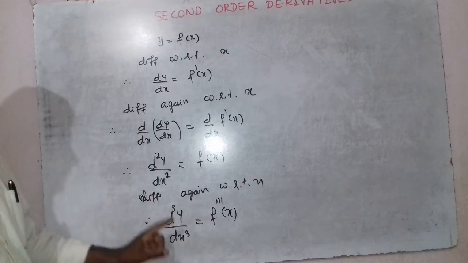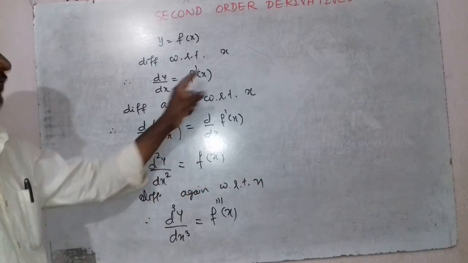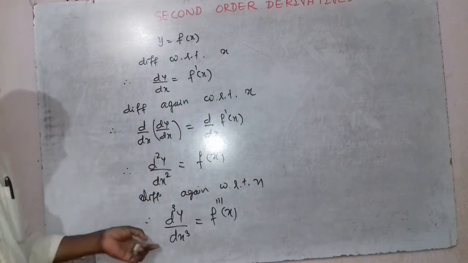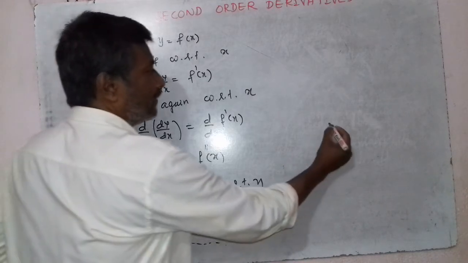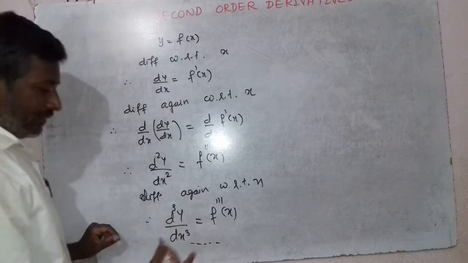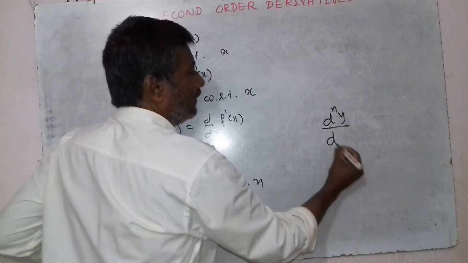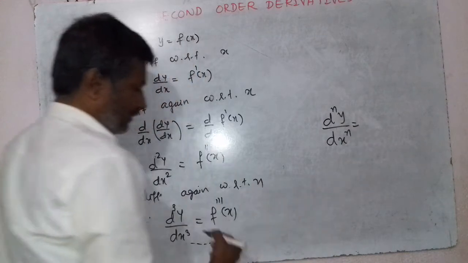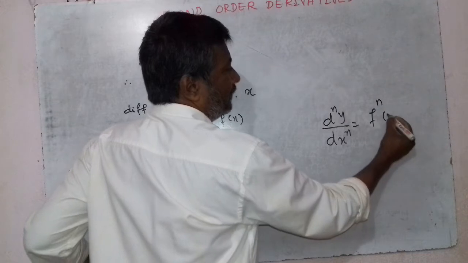Third derivative, third order, second order, first order. If we differentiate n times, this becomes d raised to n y by dx raised to n, equal to f of n x.